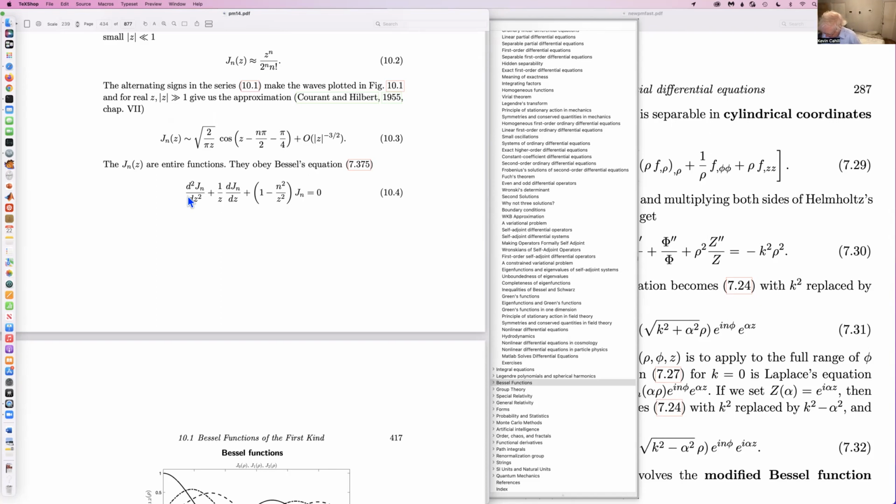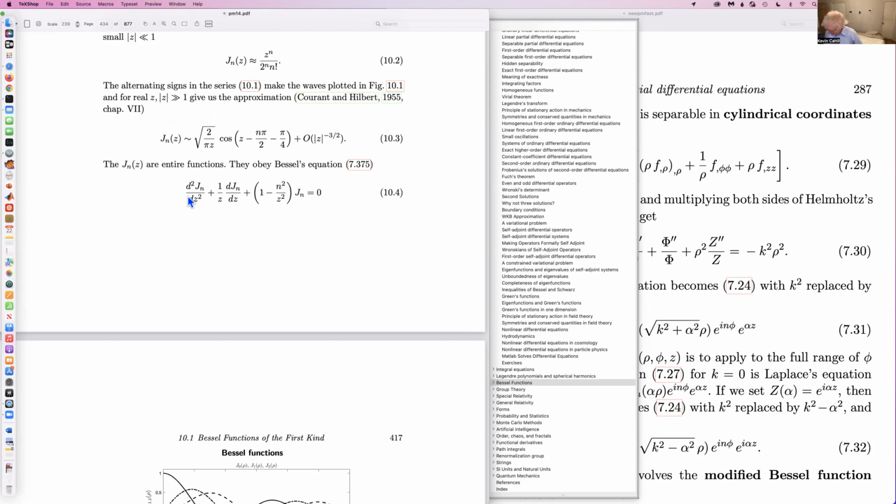What's simpler here is, you see that you can't write these two in this nice form, because if you had Z squared J_n prime, that would give you 2Z J_n prime plus Z squared J_n double prime.